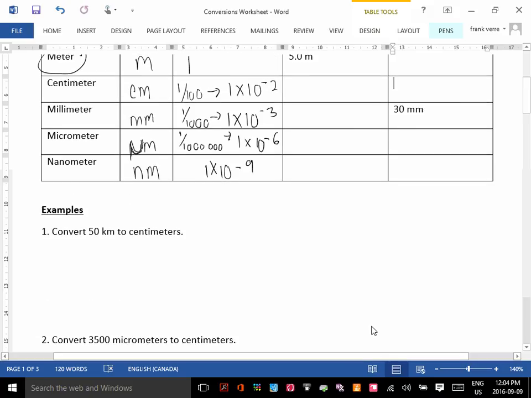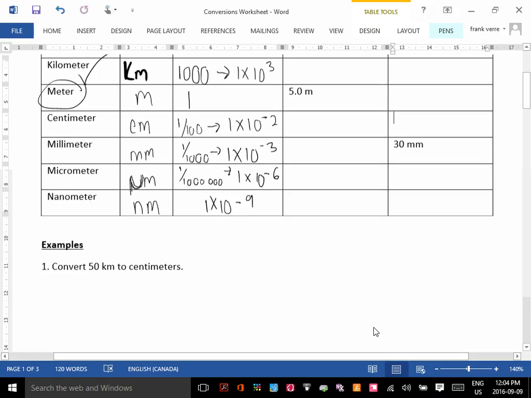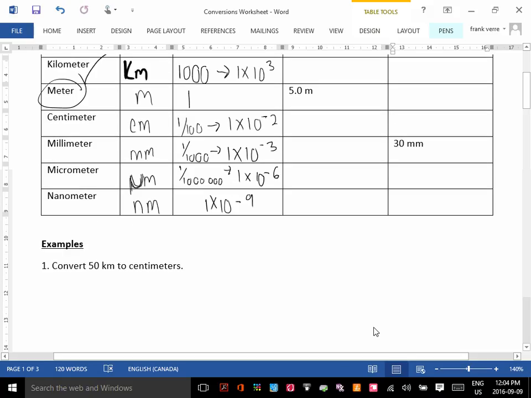So we look at a kilometer, and we're going to refer it back to the base, which is the meter. 1 kilometer is equivalent to 1 times 10 to the 3 meters, correct? And a centimeter is 1 times 10 to the negative 2 meters.